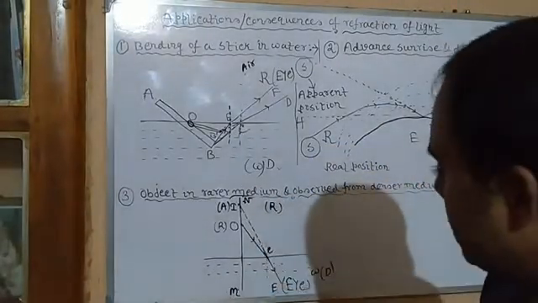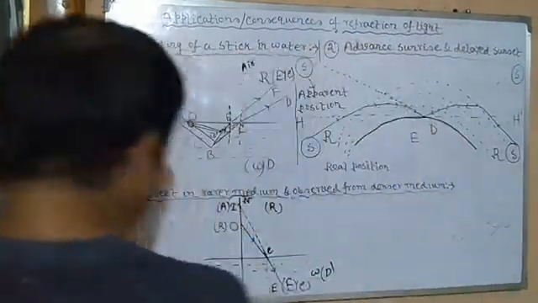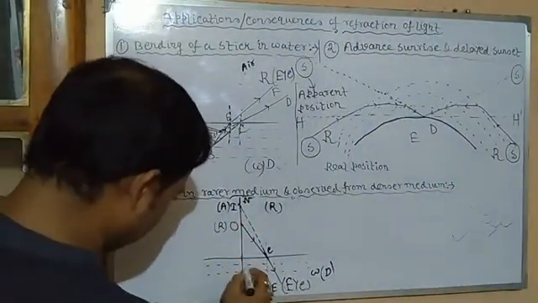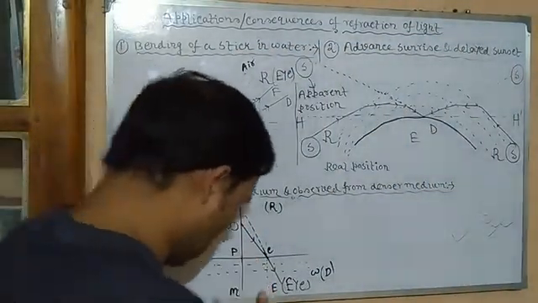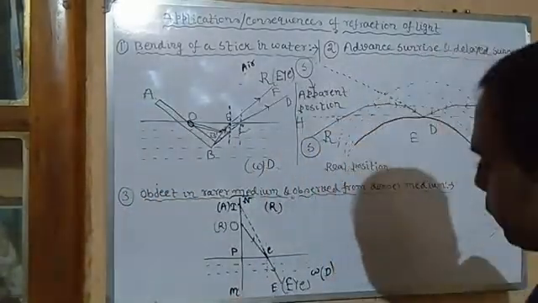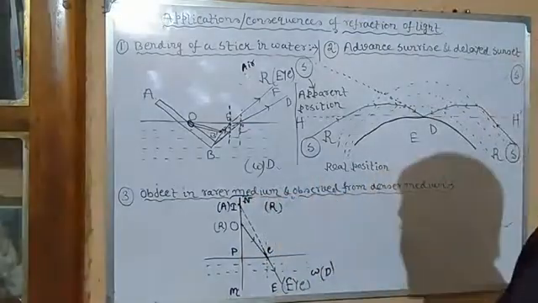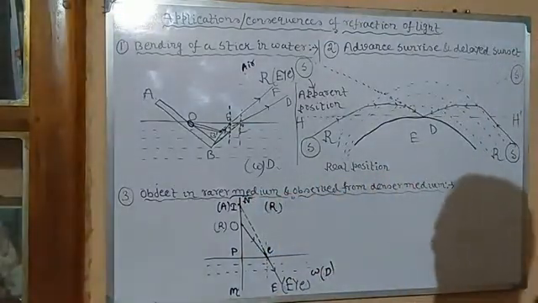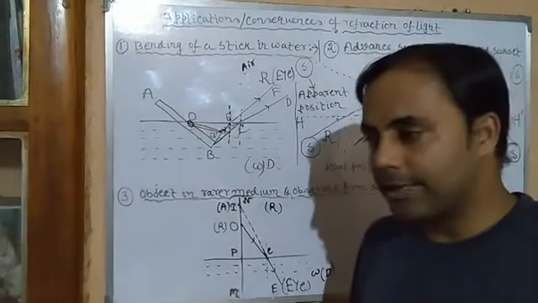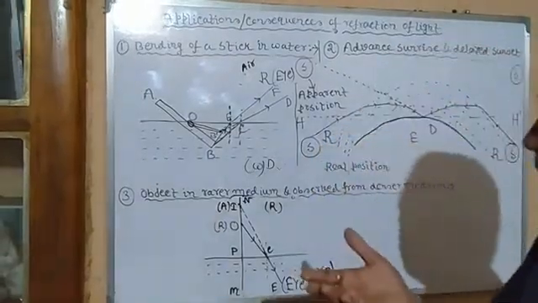The real depth was this. If I take any point, if I take P, this point, then in that case the real depth was PO, whereas in this case it is increased to PI. It means that instead of becoming shorter, its depth appears to be increased.